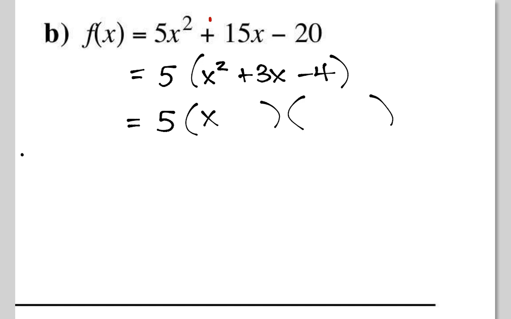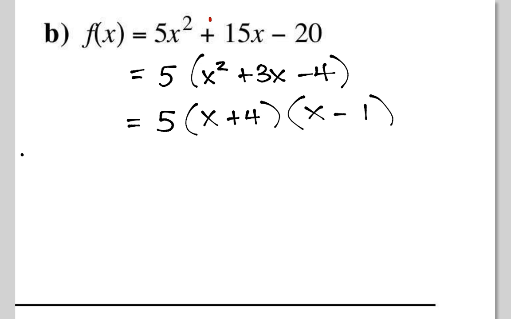X goes here, X goes here, because how are you going to make 1x squared, right? Now how are you going to make 4? Is it going to be 2 and 2 or 4 and 1? So that you can get to a positive 3, you need to get to a positive 4 and then subtract off 1.